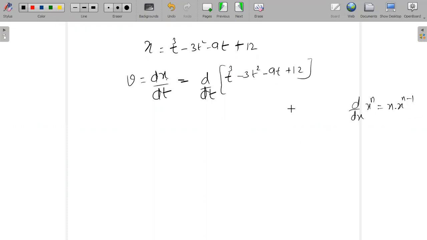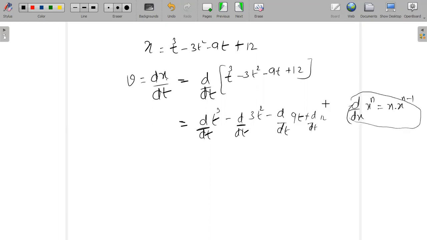Here we can separate this differentiation into d by dt of t cube, minus d by dt of 3t square, minus d by dt of 9t, plus d by dt of 12. This is the formula, write it separately. Is it okay till here?